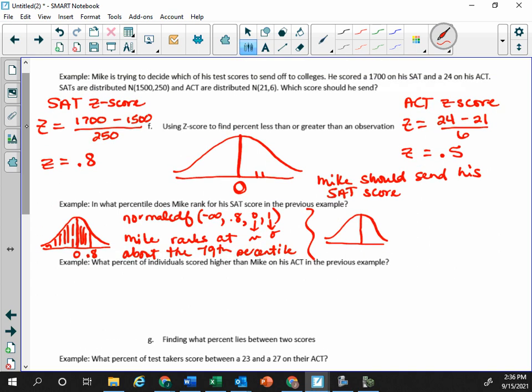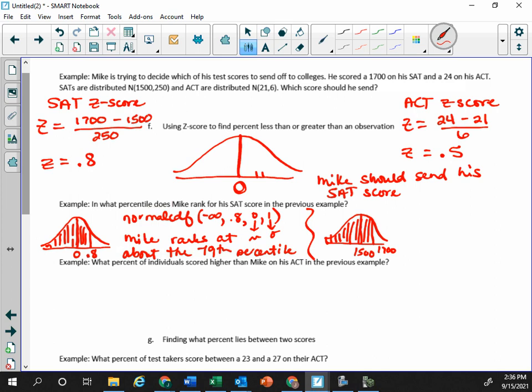So the SATs are normally distributed with a mean of 1,500, so that's where the mean is. And he scored a 1,700. So again, I'm shading the area under the curve up to his score. So again, you can see how it's negative infinity, but this time it'll be up to 1,700.